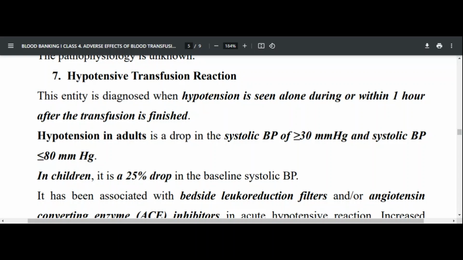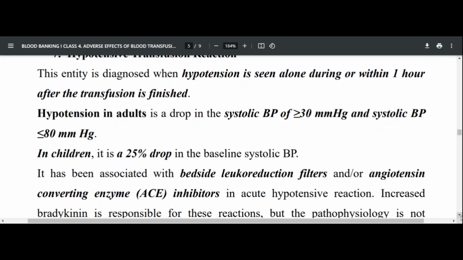If this happens, it is called hypotensive transfusion reaction. In children, it is about a 25% drop in the baseline systolic blood pressure. If a 25% drop happens in children, we can diagnose it as hypotensive transfusion reaction.